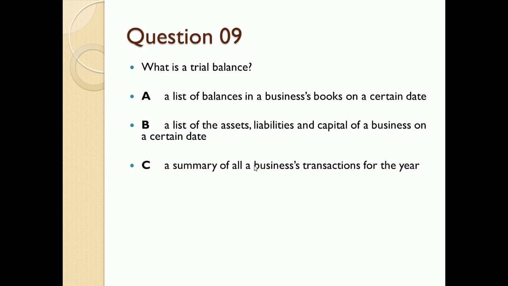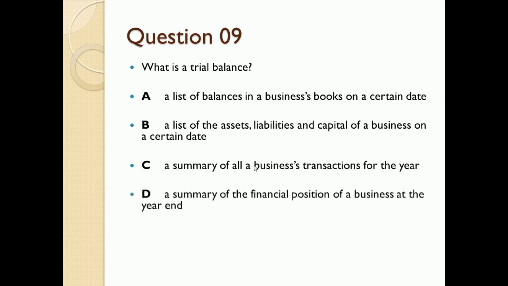A summary of all the business transactions. So summary is something else. It's a ledger, not trial balance. In trial balance you just get all the balances. So a summary of the financial position of a business at the year end.